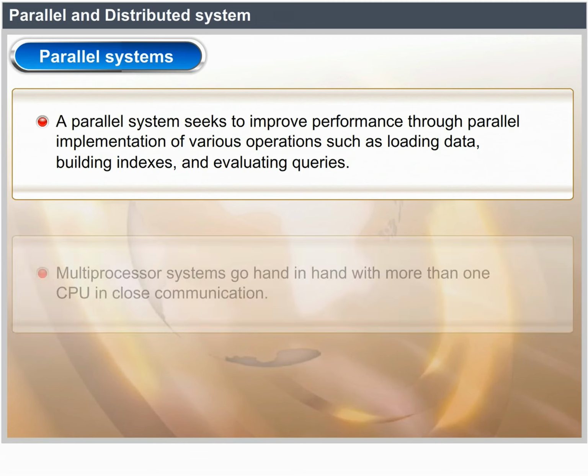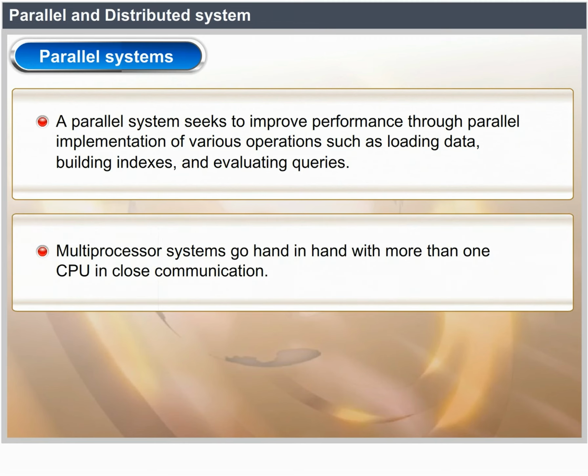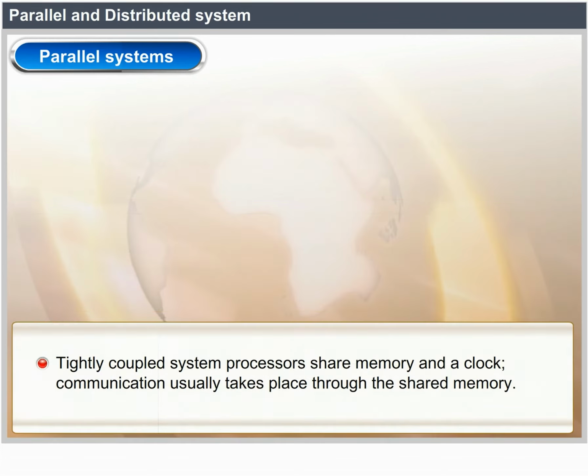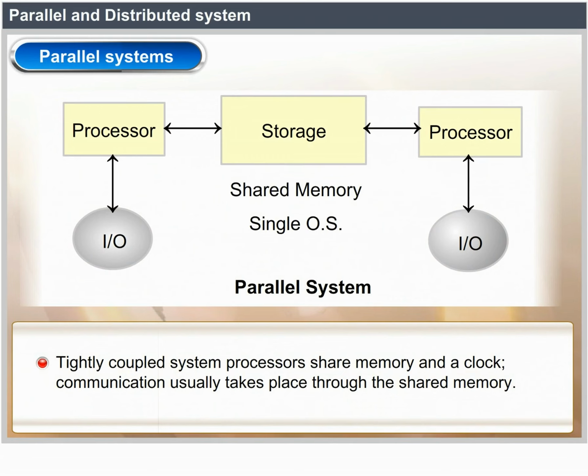Multiprocessor systems with more than one CPU are in close communication. In a tightly coupled system, processes share memory and a clock. Communication usually takes place through the shared memory. As shown, parallel system.